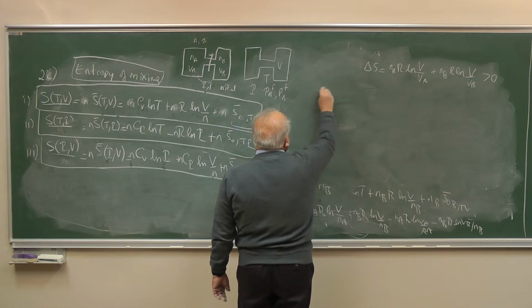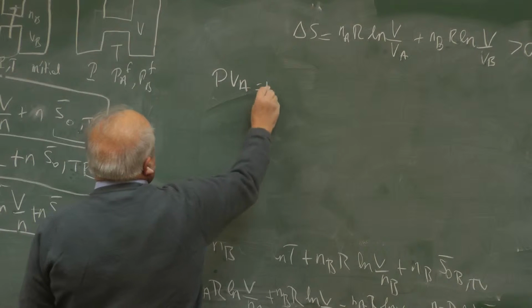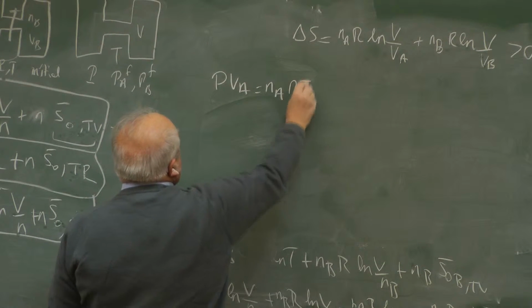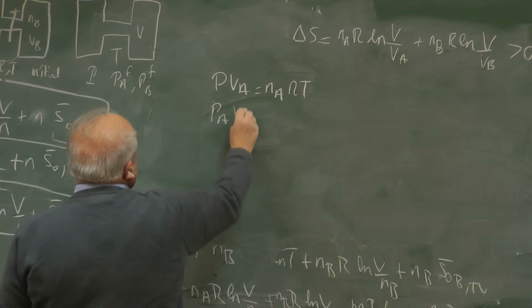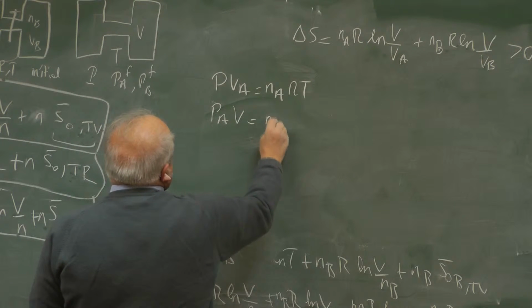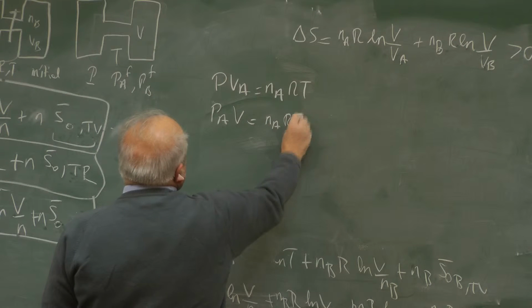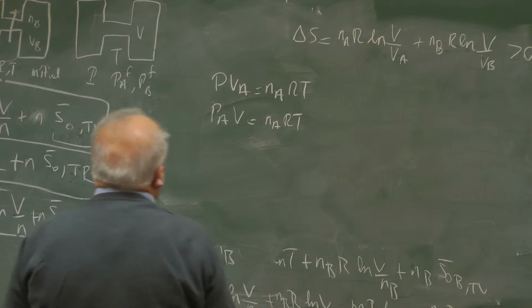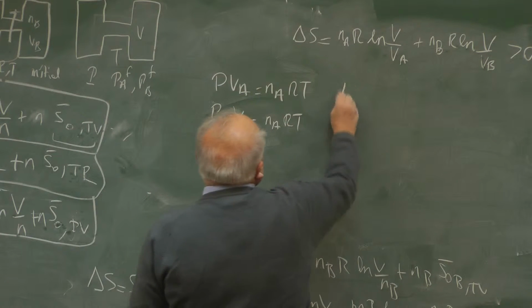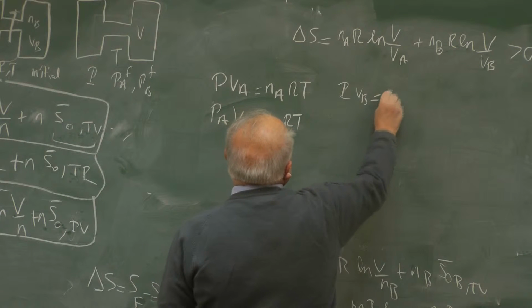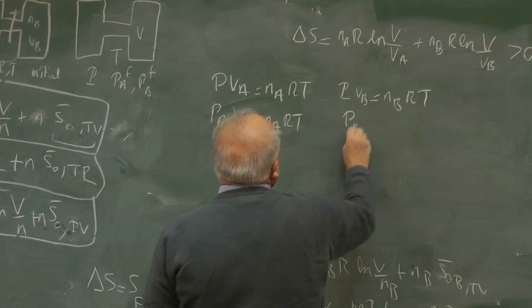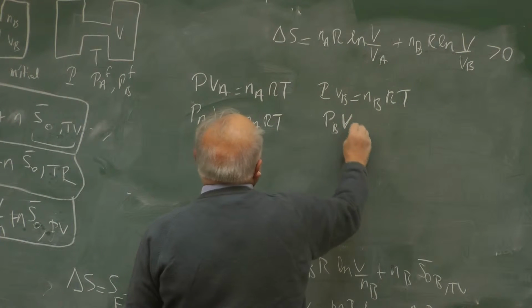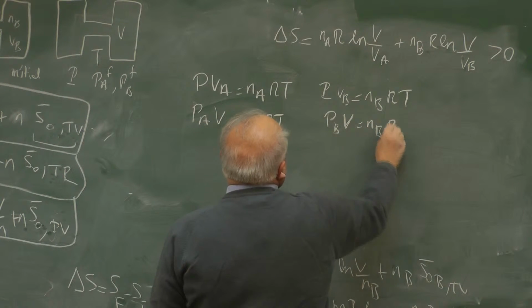For example, P VA is equal to NA RT. PA V is equal to NA RT. Same thing with the other one. P VB is equal to NB RT. PB V, big V, is equal to NB RT.